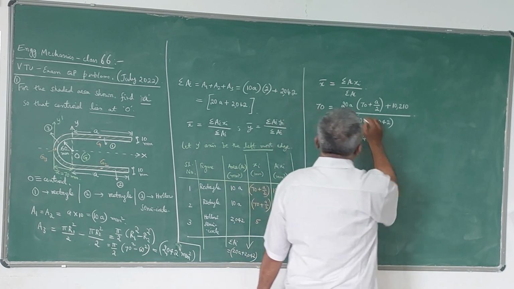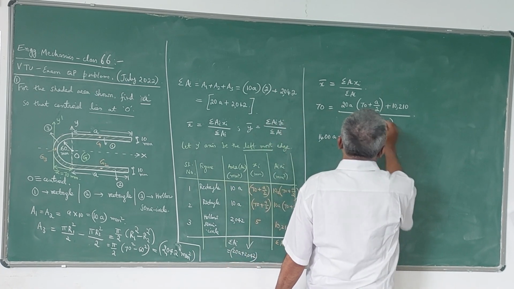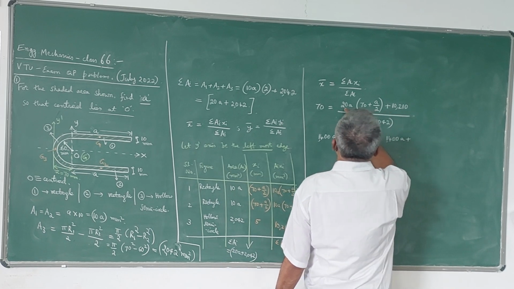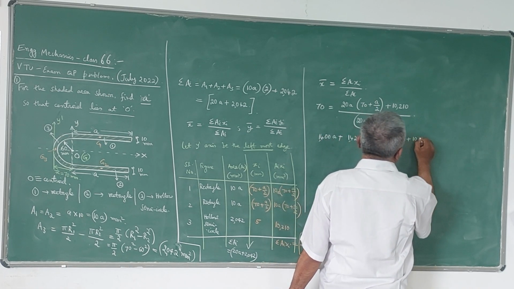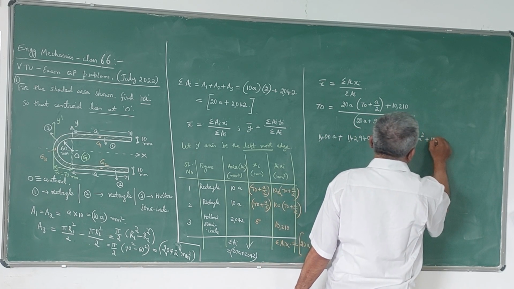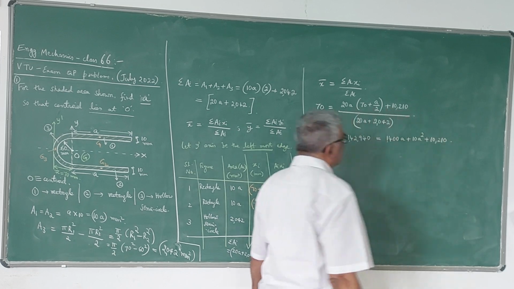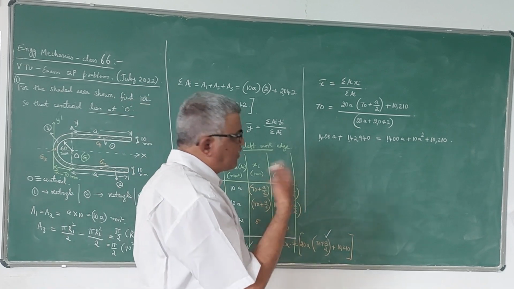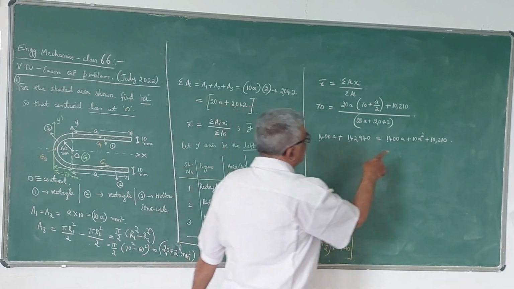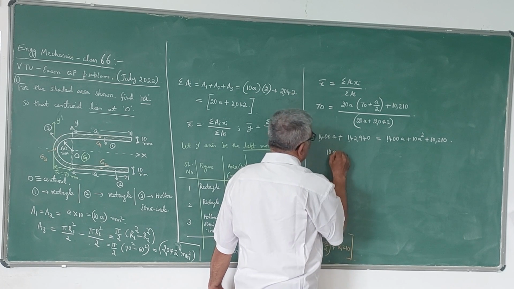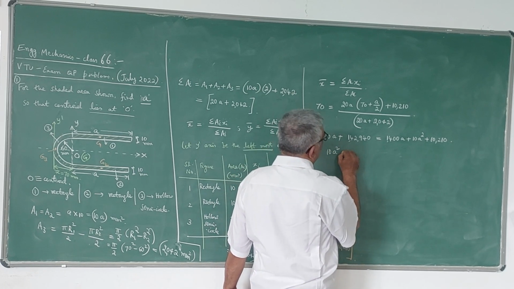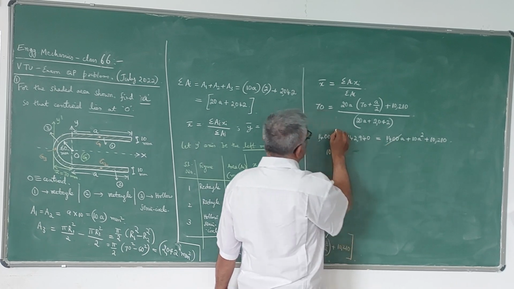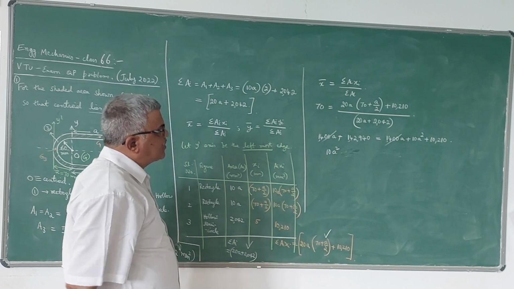This is equal to 20 into 70, once again 1400a, plus 20a into a by 2, which is 10a square, plus 10,210. So you are going to get a quadratic equation in a. You will have two values for a, and one value is admissible. Let us simplify this now. Both sides have 1400a, which is positive, so you can cancel it.